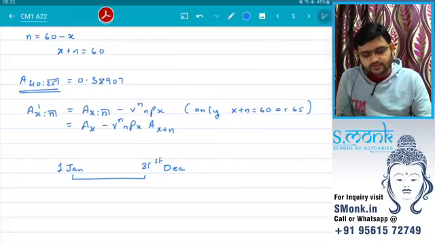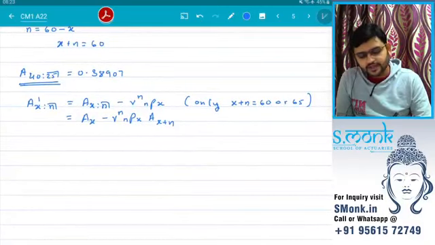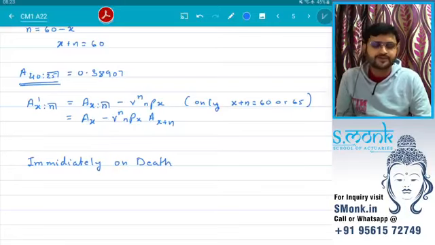Now here, theoretically we will be assuming that the payment happens immediately on death. Okay, so the benefit is payable immediately on death.